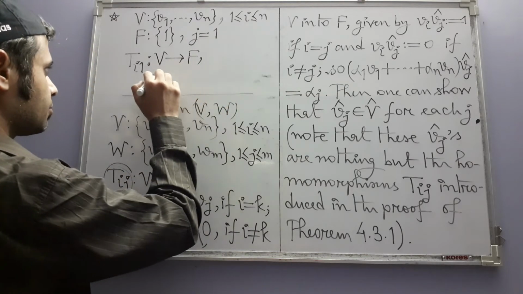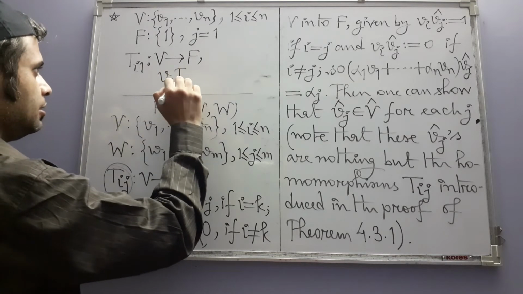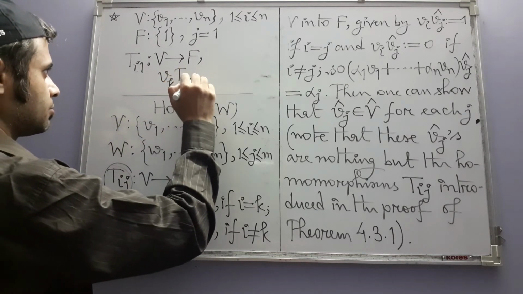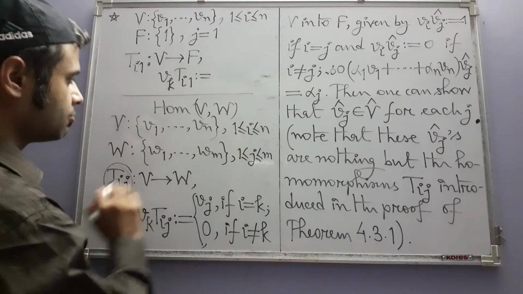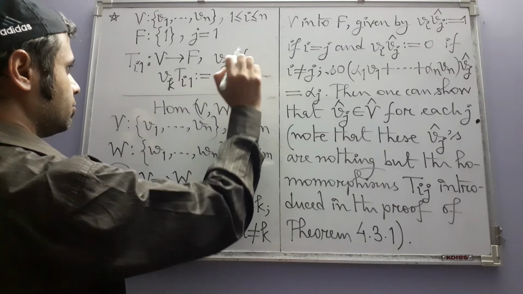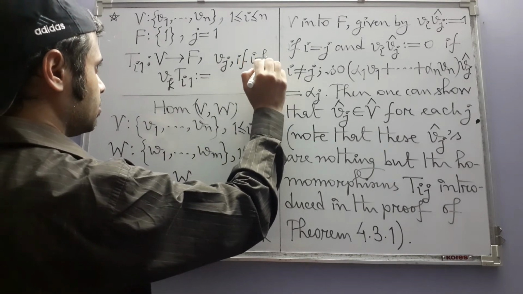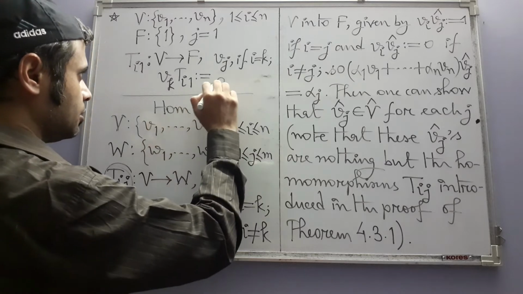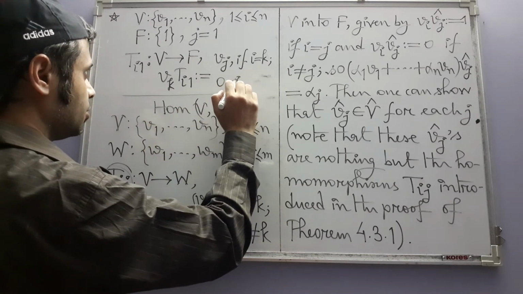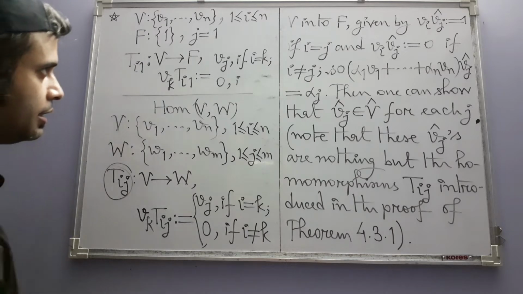Same thing: Vk Ti1 will be equal to Vj if i is equal to k, and 0 if, oh sorry, am I saying it correctly?